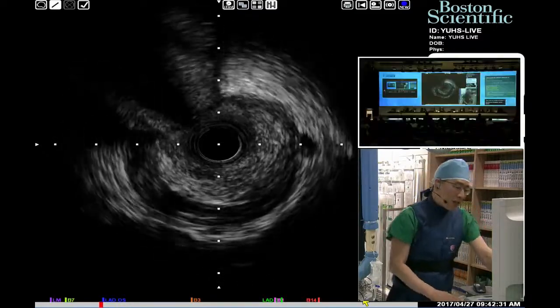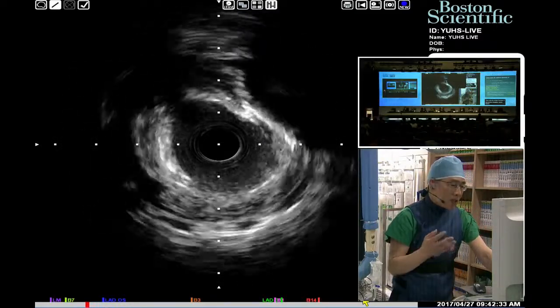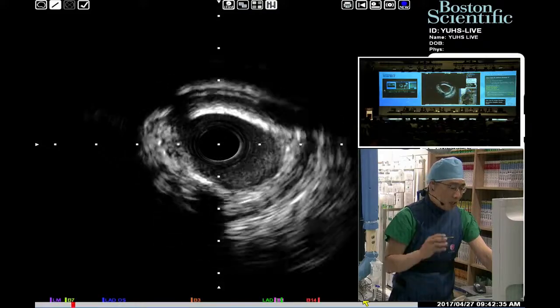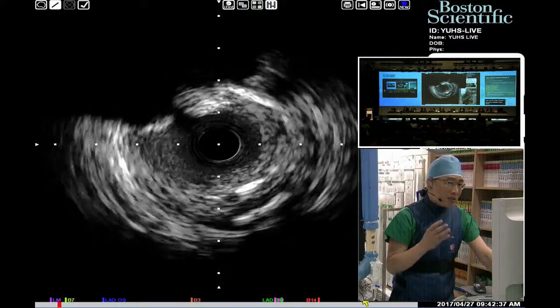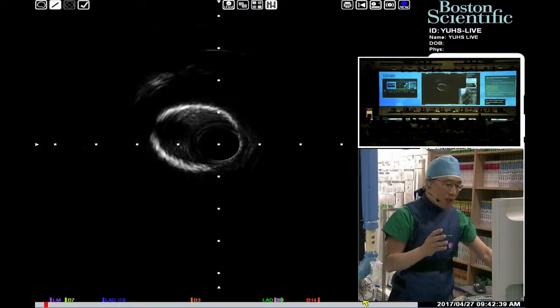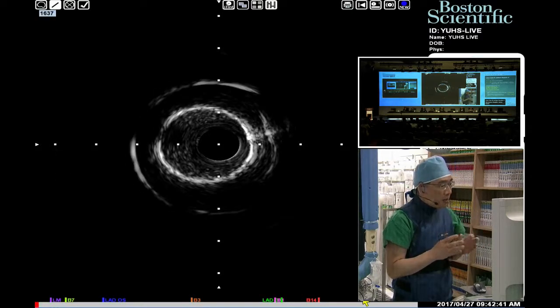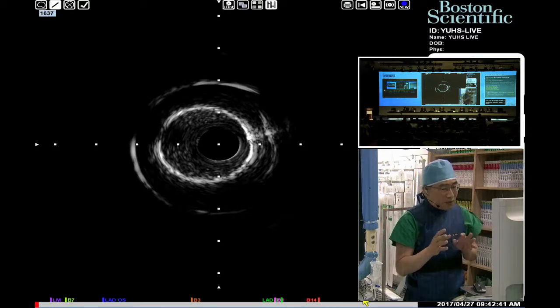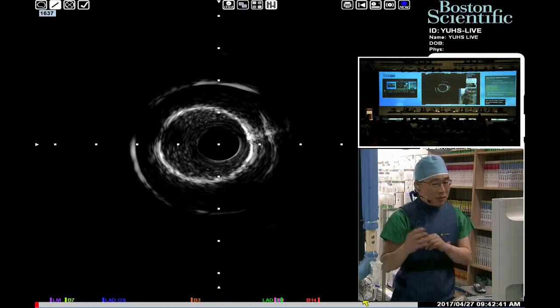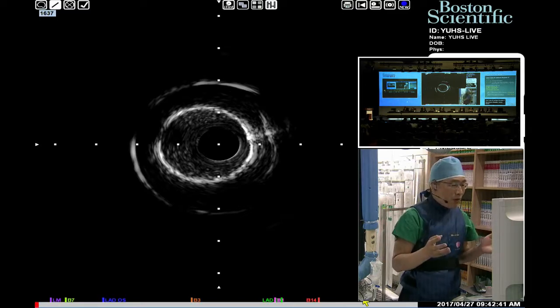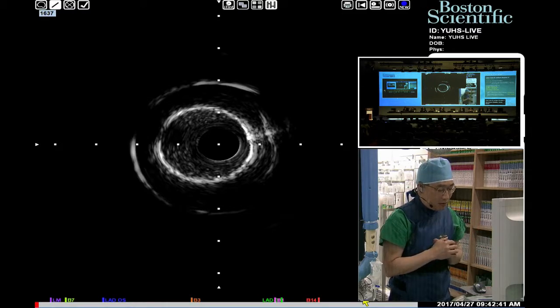Actually, we can evaluate an intermediate lesion with either FFR or IVUS. There is some data on the cutoff value of minimal lumen area to predict the FFR. Especially, it's quite different between Western people and Korean and Eastern Asian people, because I think there is some difference of body weight and other ethnic differences.